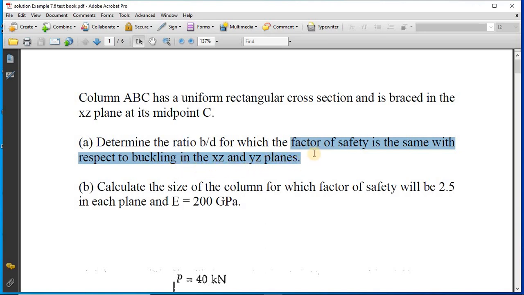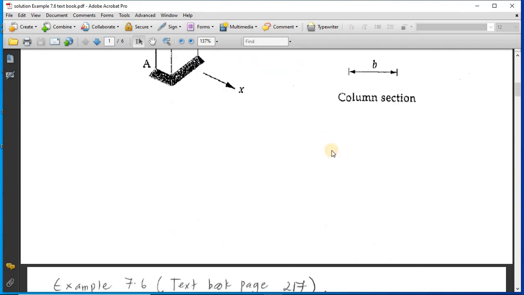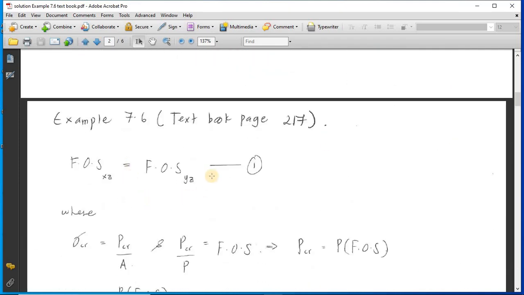So you need to translate this sentence into an equation. This is the equation that I have translated from the sentence, based on part A.